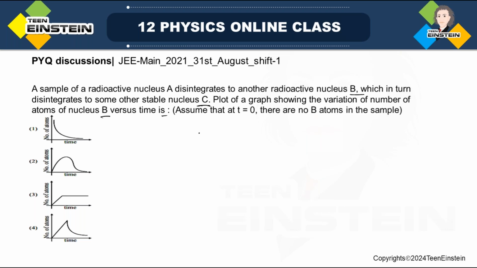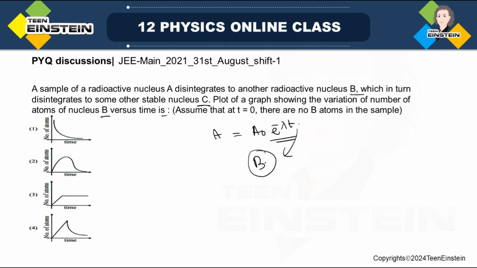So what we have to find out: A will be disintegrating with a formula involving lambda T, and then I'll get B nuclei. But in the beginning I will not have any B; you get B just after decaying only.